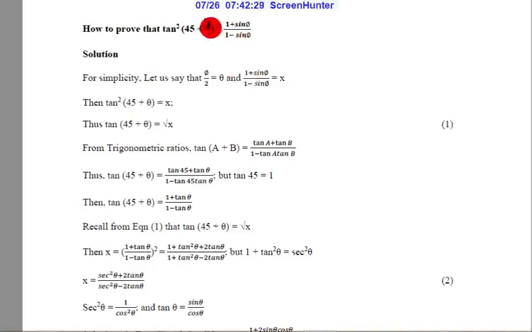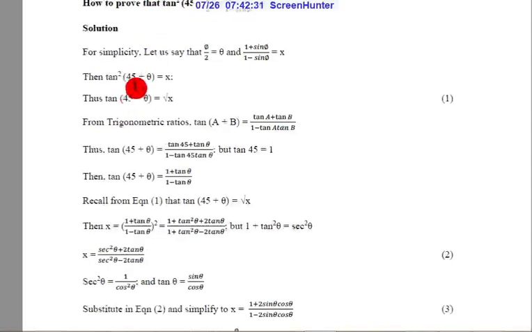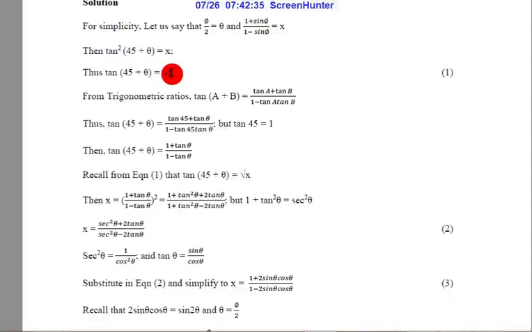Our expression now reduces to tan squared (45 + theta) is equal to x. If we find the square root of both sides, we have tan(45 + theta) is equal to root x, which we call our equation 1.